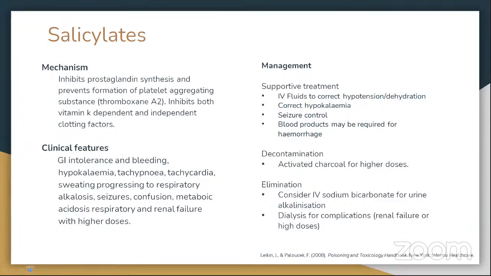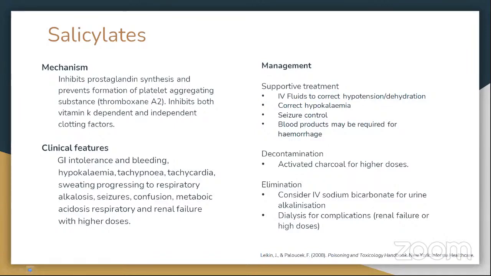So management of salicylate overdose is supportive treatment: your IV fluids, your ABCs, correct hypokalemia, seizure control. Blood products such as FFPs may be required for hemorrhage.